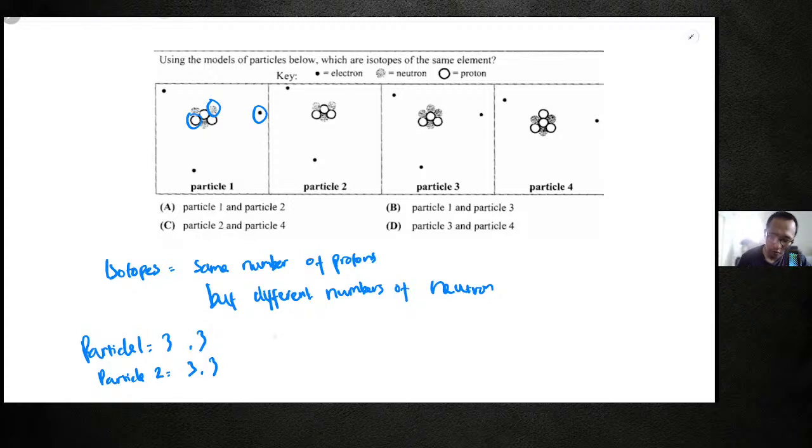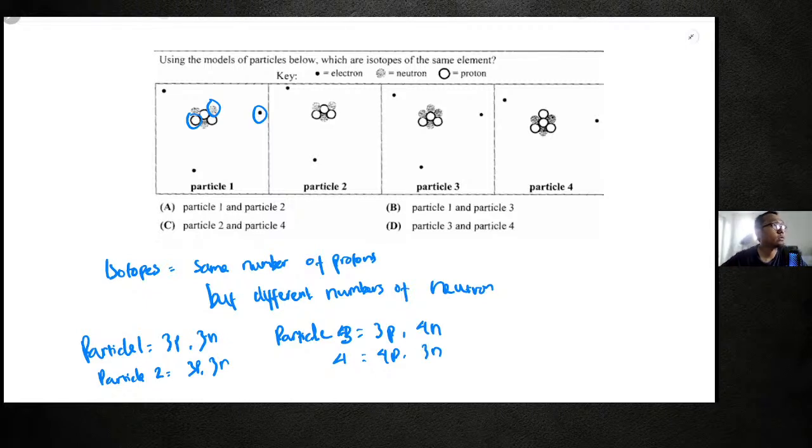Now particle 3: it consists of 3 protons and 4 neutrons. And particle 4 has 4 protons and 3 neutrons.